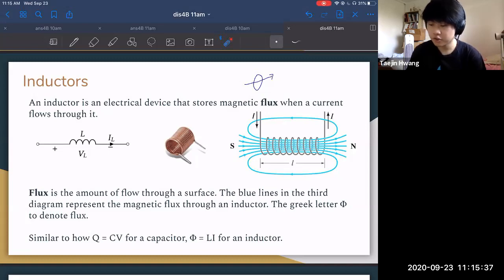Similar to how the charge stored in a capacitor is equal to C times V, the capacitance times the voltage, you can say that the flux that flows through an inductor is equal to the inductance times the current, L times I. So, any questions about the way flux works or these capacitor and inductor voltage-current relationships?